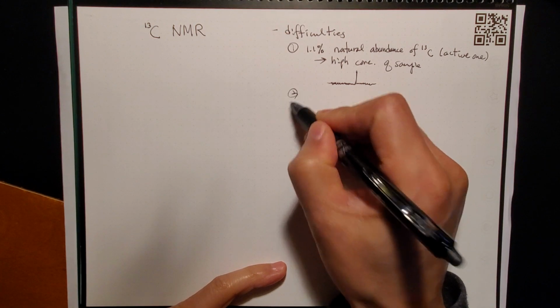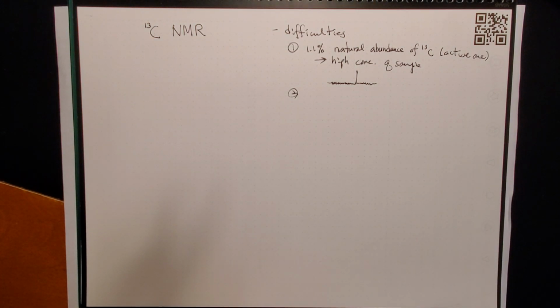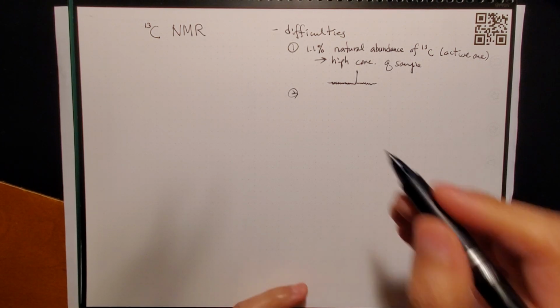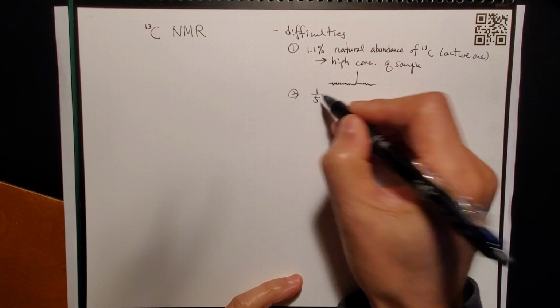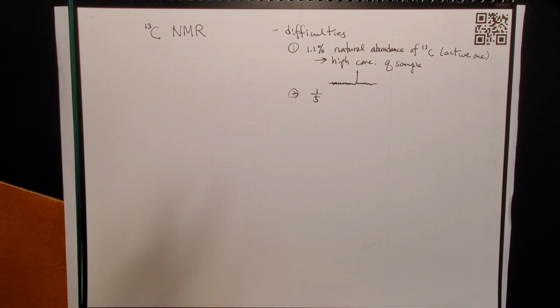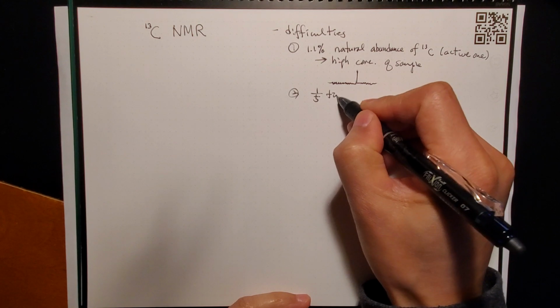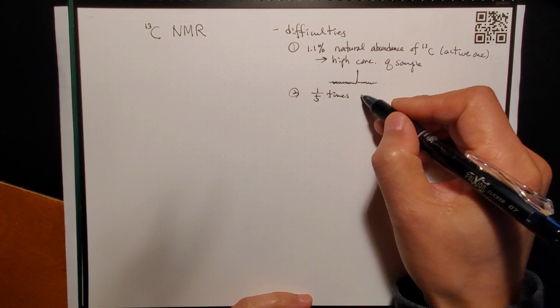Also, due to the size of the carbon, the gyromagnetic ratio is somewhat less. It's about 1/5 of hydrogen.